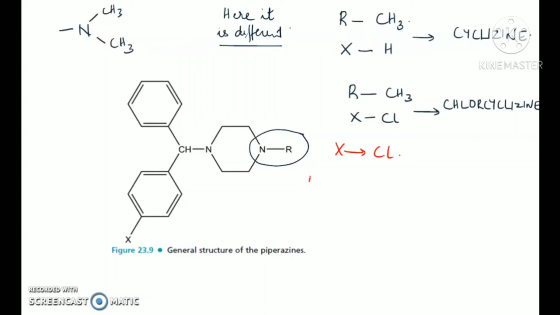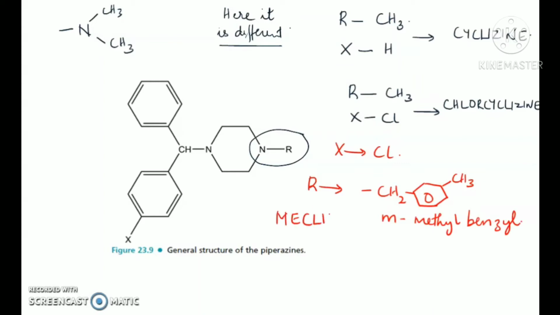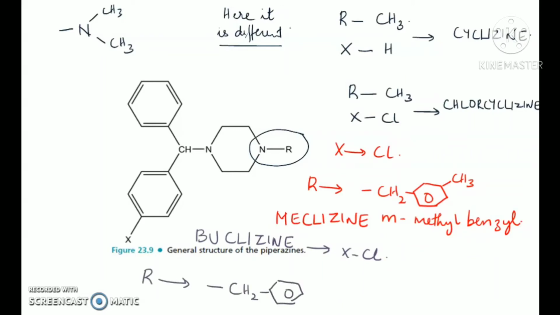The next two derivatives are meclizine and buclizine hydrochloride. In those derivatives, the X is the same, the chlorine atom, but the substitution R is different. In meclizine, it is a meta-methyl benzyl group attached to the terminal nitrogen atom, whereas in buclizine, it is a para-tertiary butyl benzyl group attached to the terminal nitrogen atom.